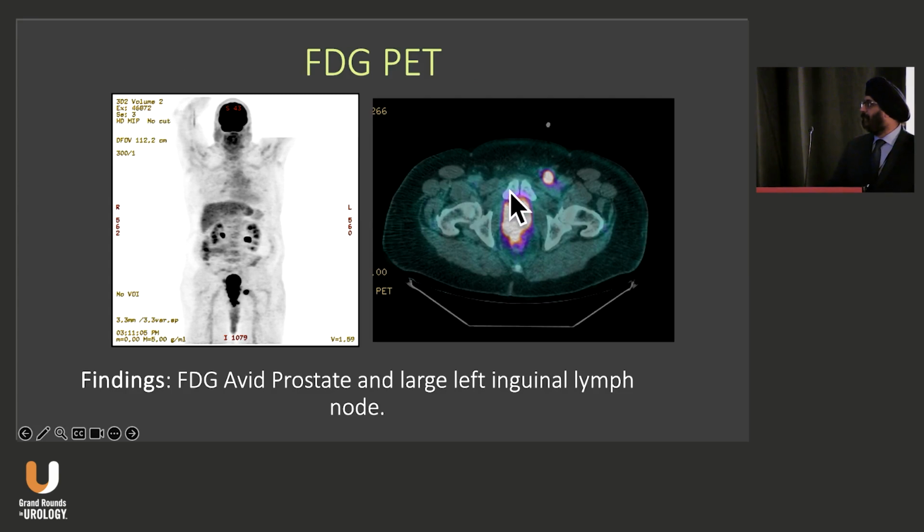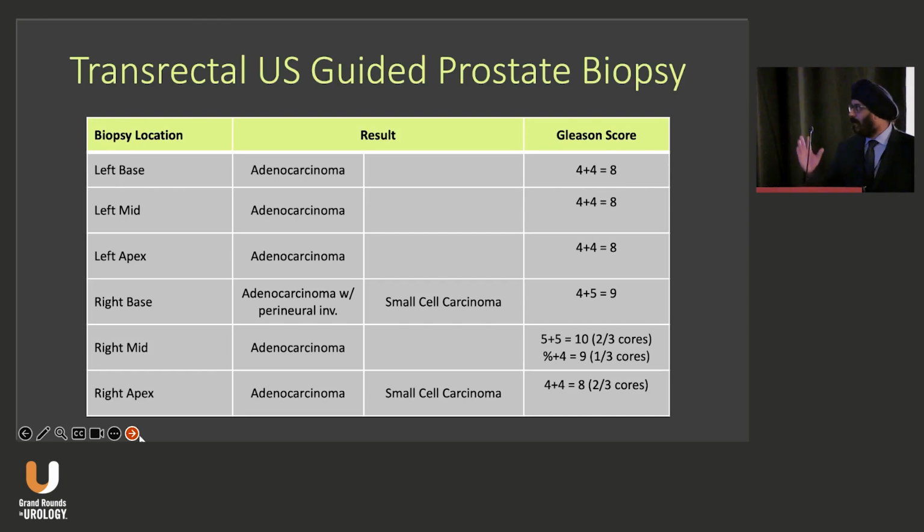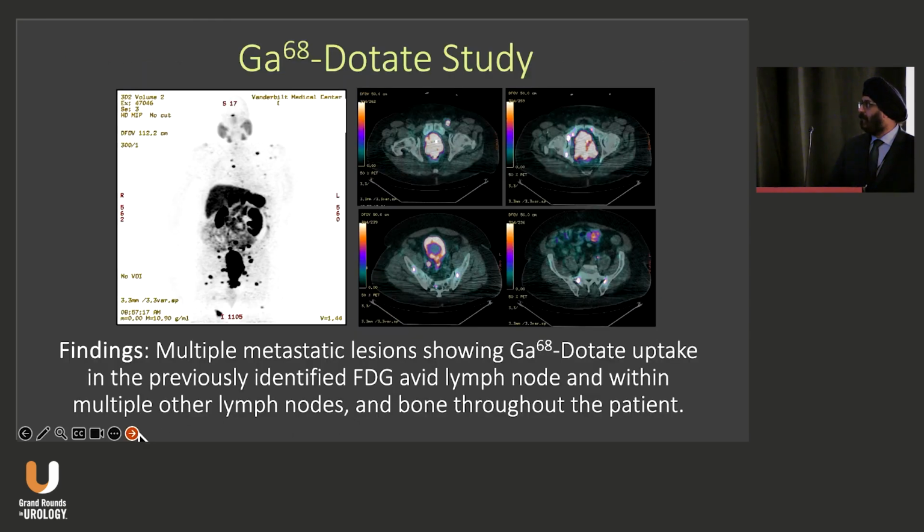It showed a diffusely FDG avid prostate, and that lymph node was also avid. And even before then urology was contacted and they got a biopsy, and they got adenocarcinoma and also small cell carcinoma in both of them.